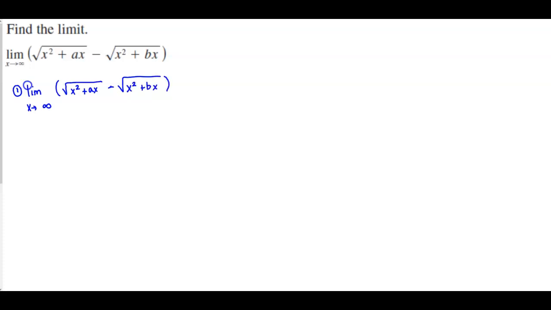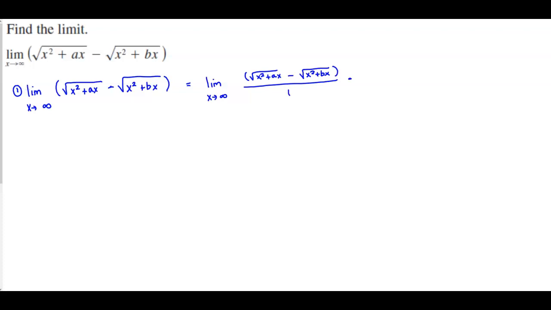Now the first thing that we want to do is get rid of the radicals. In order to do that, we need to multiply by its conjugate. So in the numerator, we have the square root of, again, x squared plus ax minus the square root of x squared plus bx, all over 1.